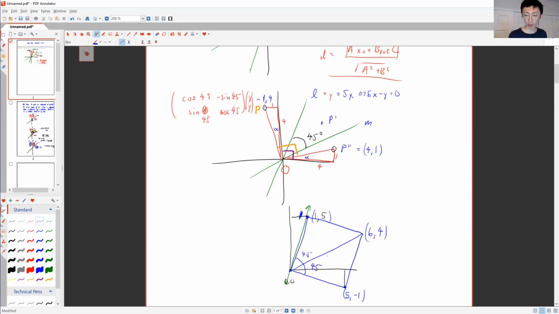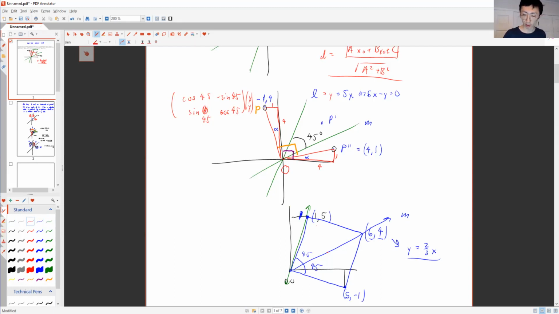So the second line M is in fact this diagonal of the square. That means it has equation y equals 2/3 x, because this is 2/3 of that. So that's the equation of line M.